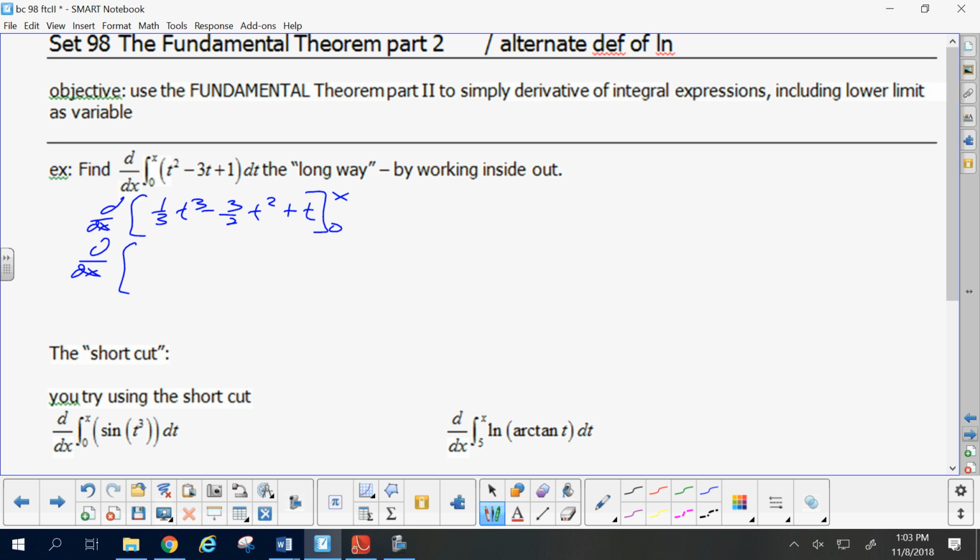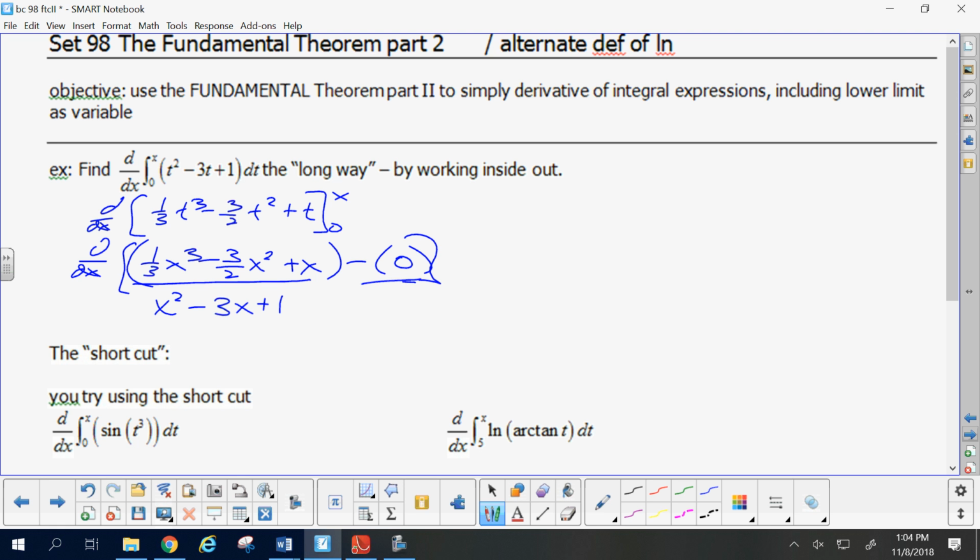If I put in x, 1/3 x cubed minus 3/2 x squared plus x minus 0. And therefore the derivative of this would be the derivative of the antiderivative I took, which is right back to the original function, but now instead of t being in it, x is in it, right?